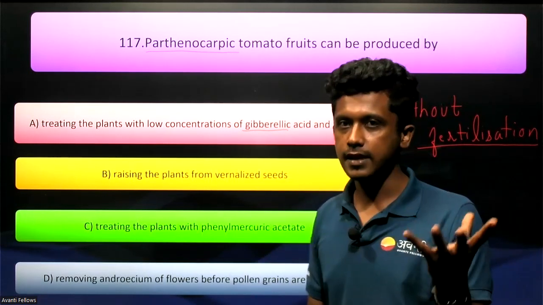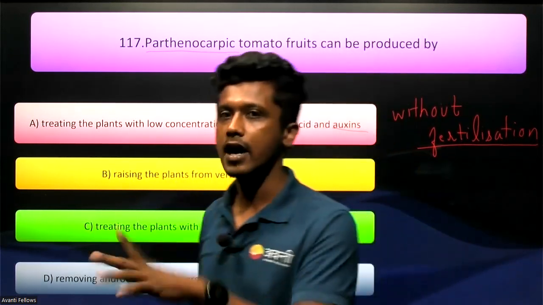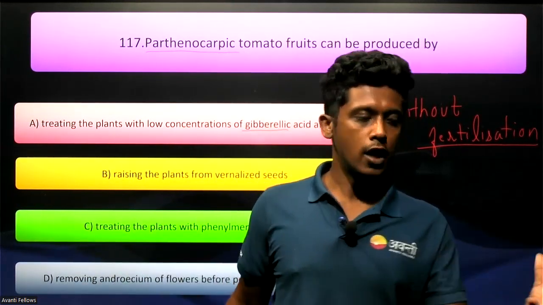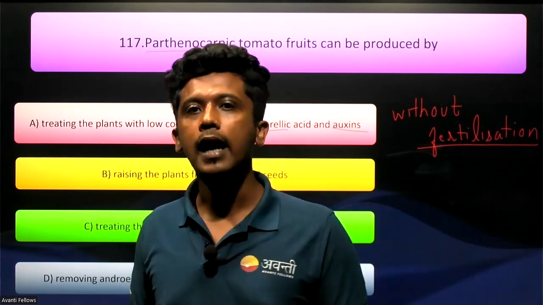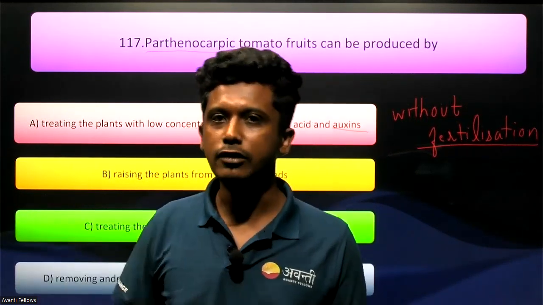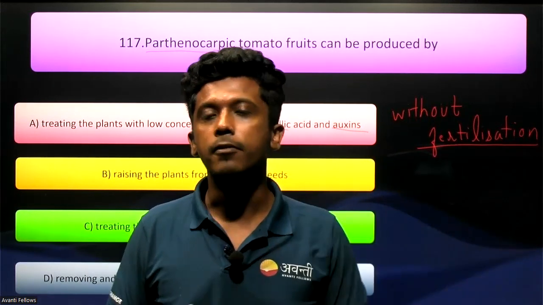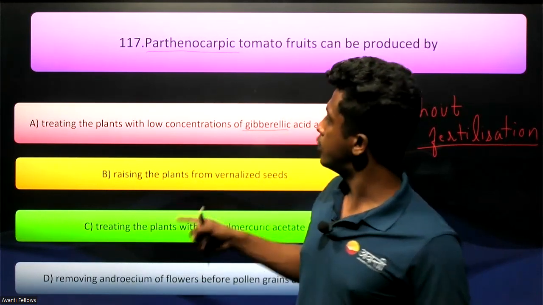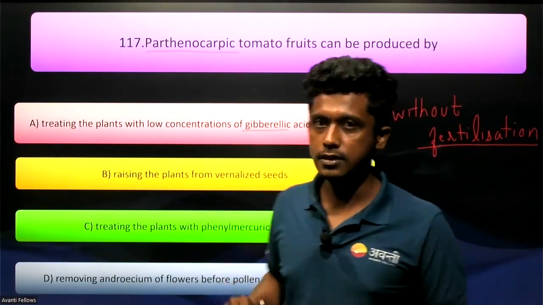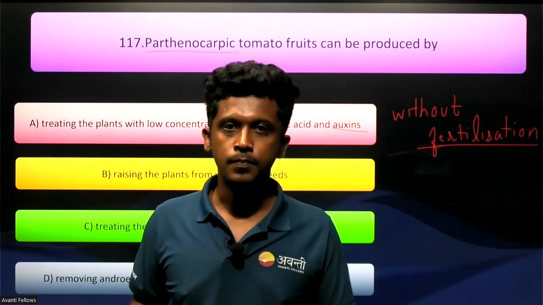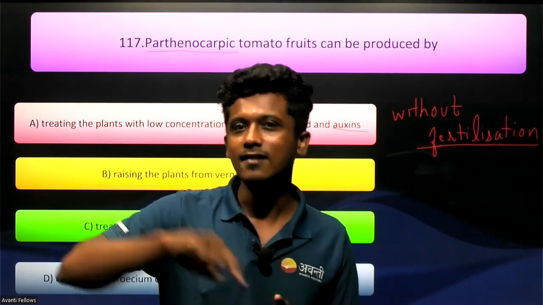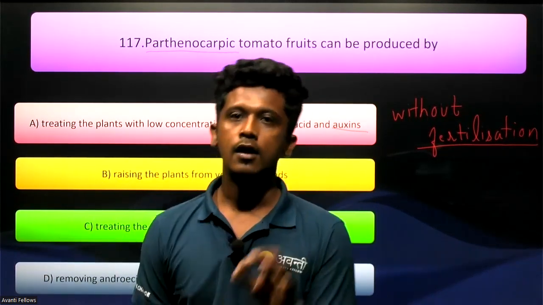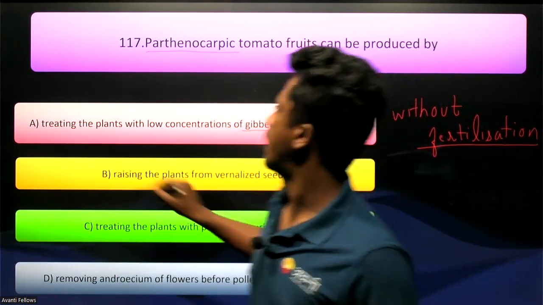Let's say we have androecium and gynoecium, correct, right? Androecium represents the male parts and gynoecium represents the female parts. If we have a flower in a garden, we have to emasculate. Emasculation means removing all the anthers before maturity so that we are left with only gynoecium. In such plants, when we apply low concentration of gibberellic acid and auxins, that will result in parthenocarpy. And why did we emasculate? In case it gets fertilized before this is done, then parthenocarpy will fail. Understood? So that is why this option is absolutely right.